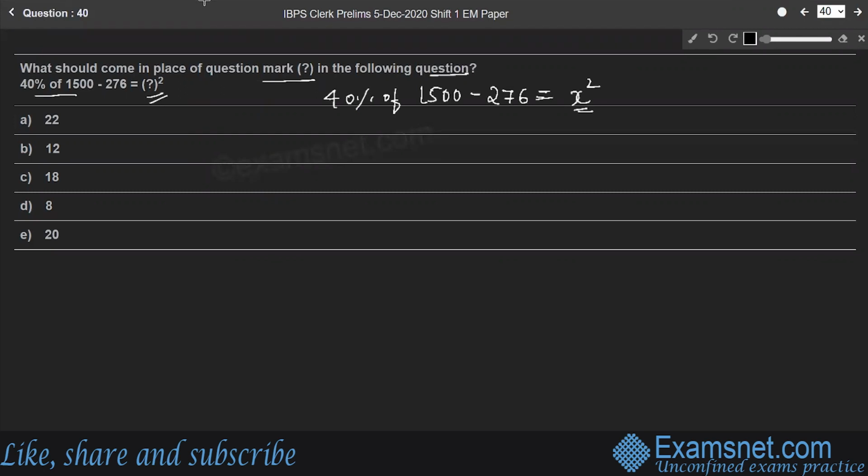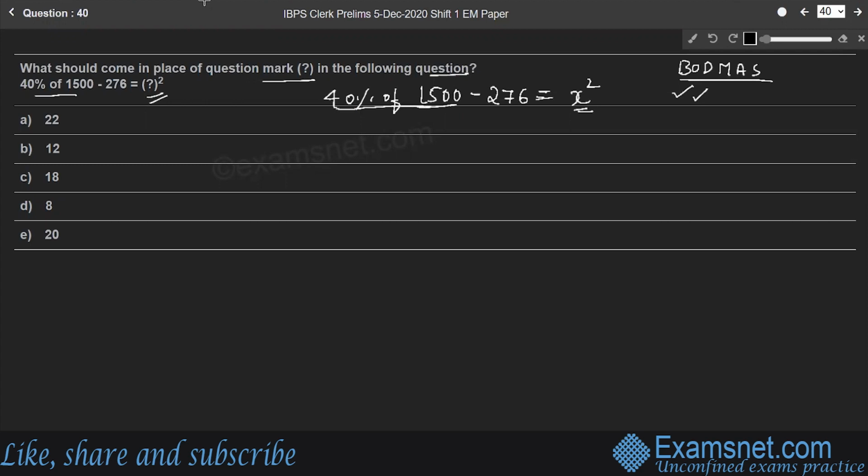By assuming the value is x here, right? Next, 40% of 1500. So here students, according to the BODMAS rule, the first operation must be removing the brackets. Here there are no brackets. Next, which is followed by of. So let us solve this part, 40% of 1500.